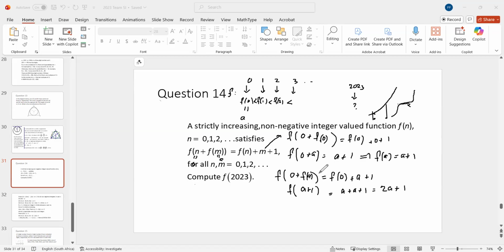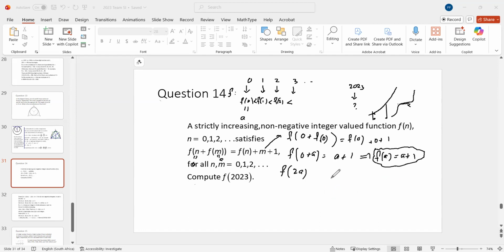I tried it out and I can't really do much, so I must make some other reasonable substitutions. It turns out that the substitution you must make is not f(a + 1), but f(2a). So we have this important equation here, namely f(a) equals a plus 1, and I want to work out f(2a).